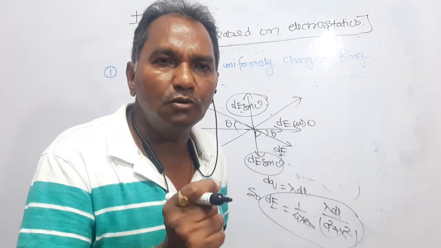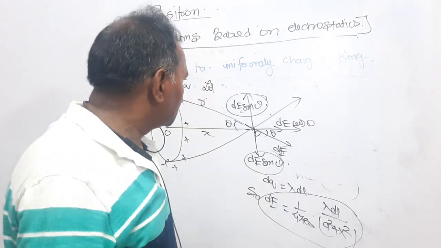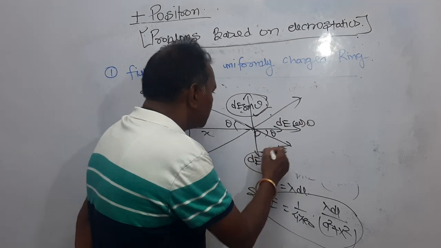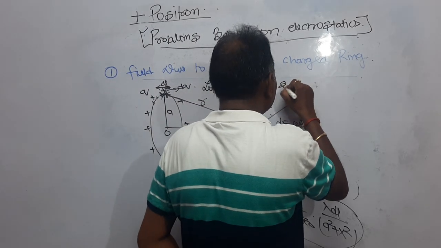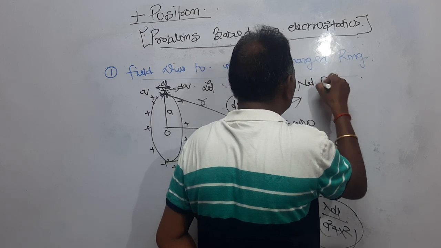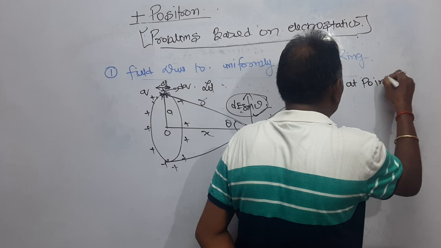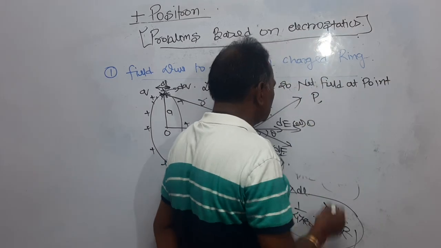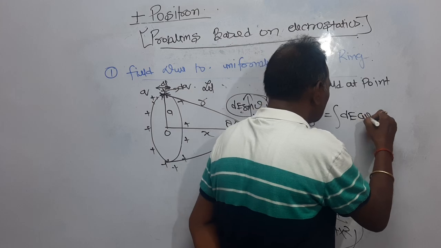Due to the upper and lower components of the ring, the sine component or the y component of the field will cancel each other. So net field at point P, what will the net field be? E is equal to integral dE cos theta.